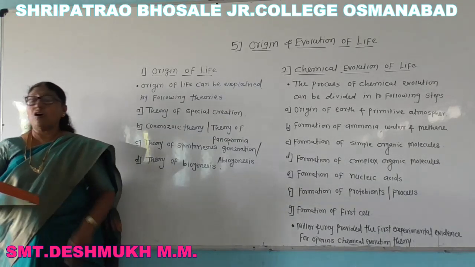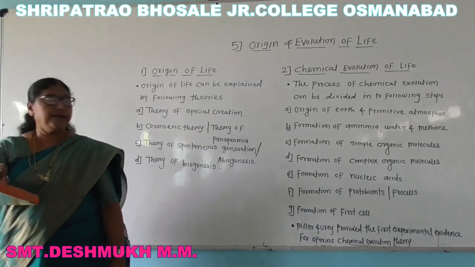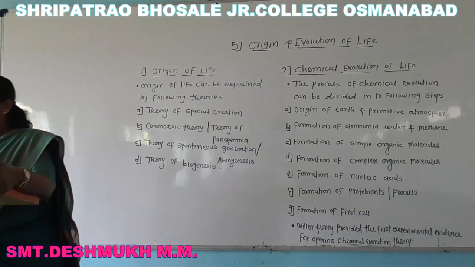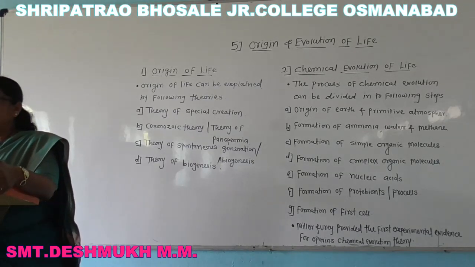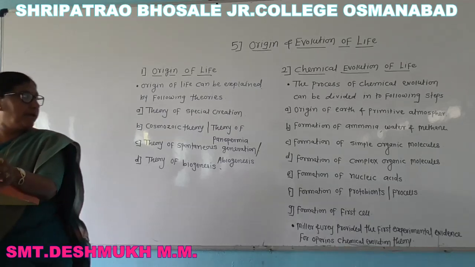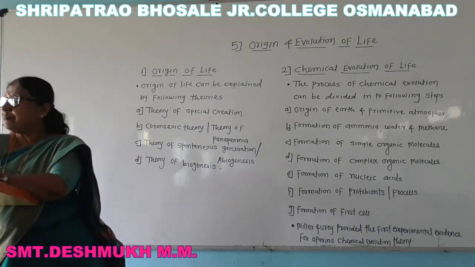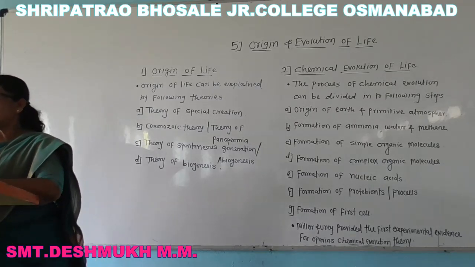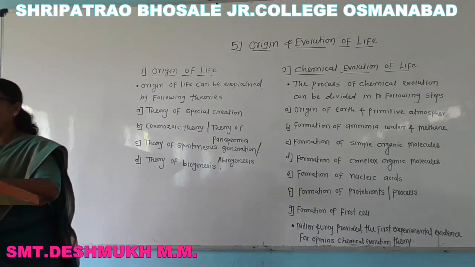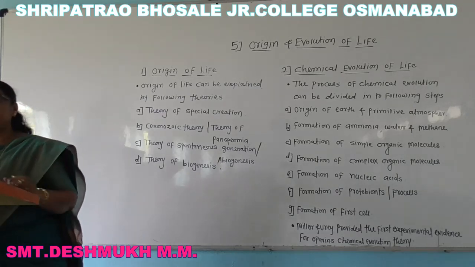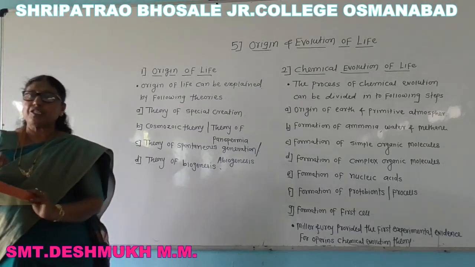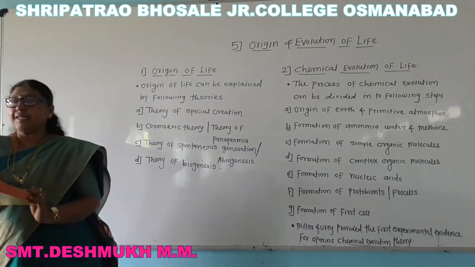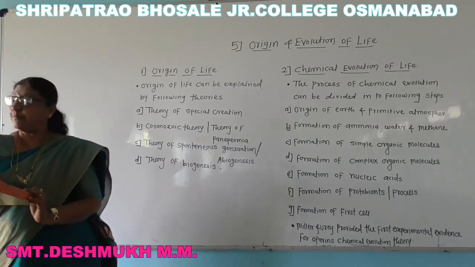This theory was first formulated by Haeckel, but later developed by Russian scientist Alexander I. Oparin in 1924 and British biologist J.B.S. Haldane in 1929.